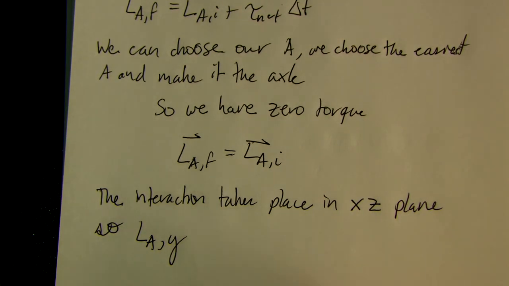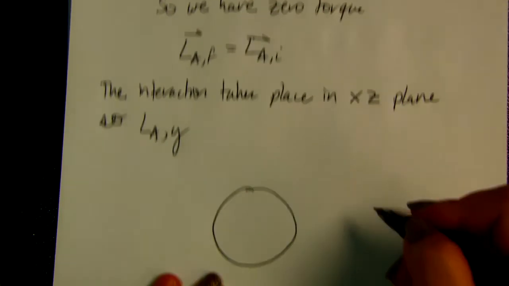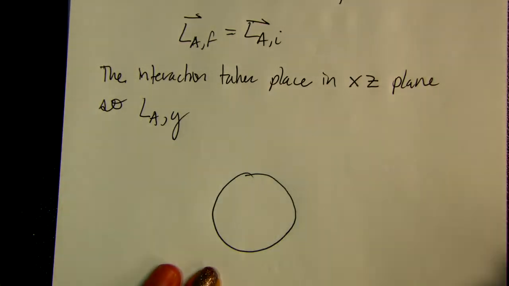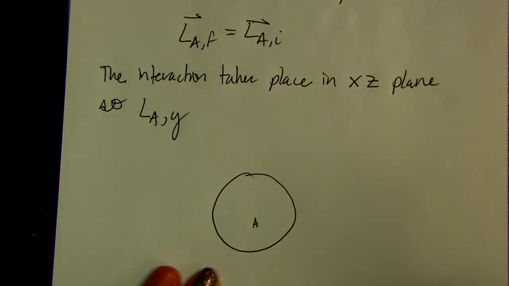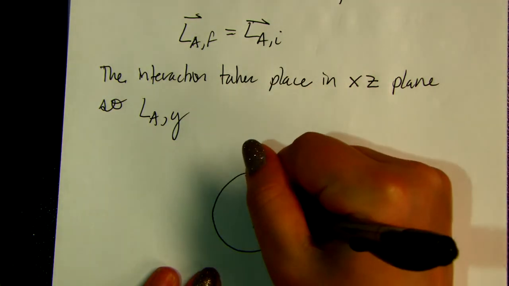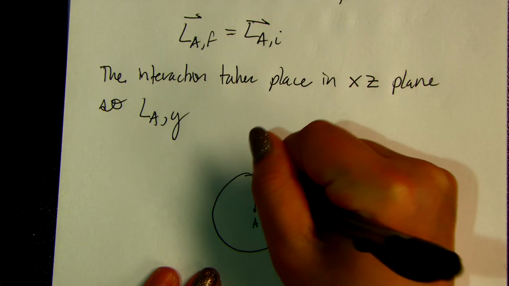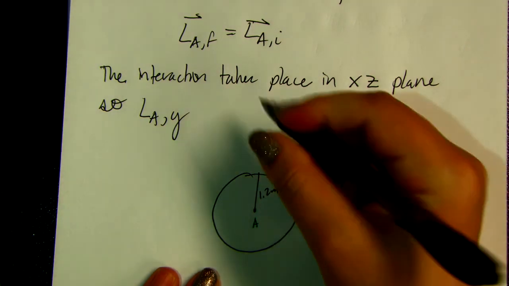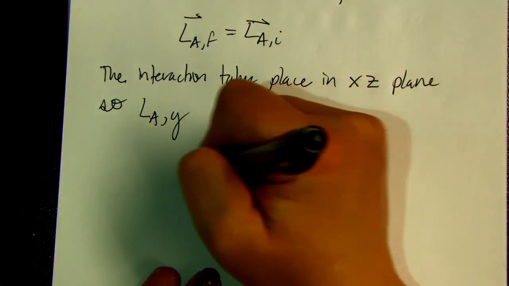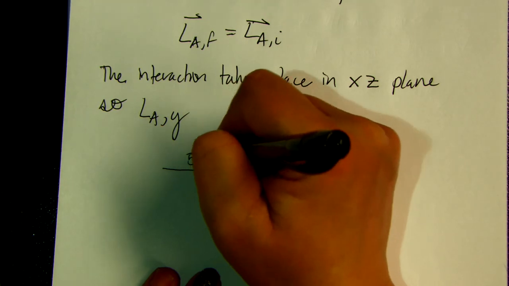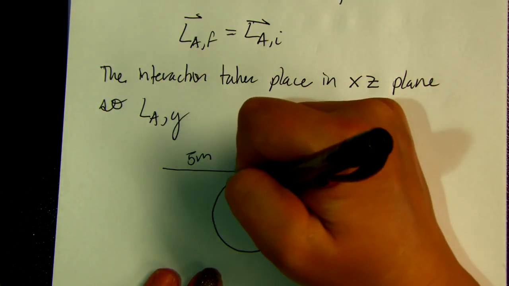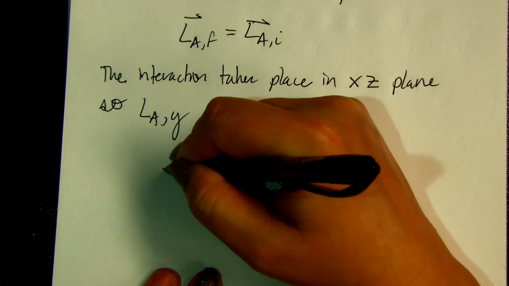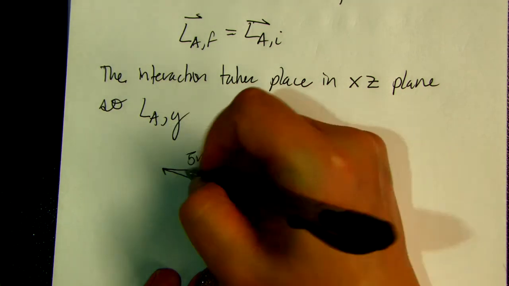So we can go ahead and draw another picture. You can never really have too many pictures. Here's our point A. 1.2 meters, 5 meters, and RA is right here.